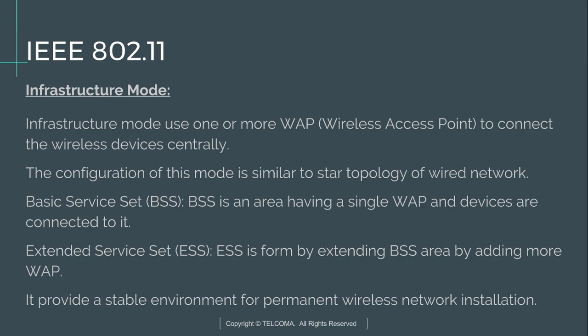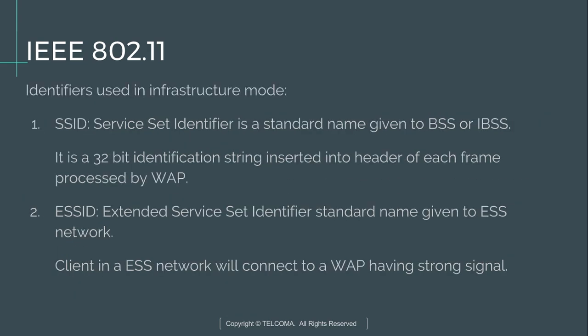An extended service set is an extension of the BSS, that is, it contains more WAPs, wireless access points. It provides a stable environment for permanent wireless network installation. It uses two identifiers, SSID and ESSID, which define the areas covered by the WAPs. The service set identifier, SSID, is a standard name given to a single BSS.